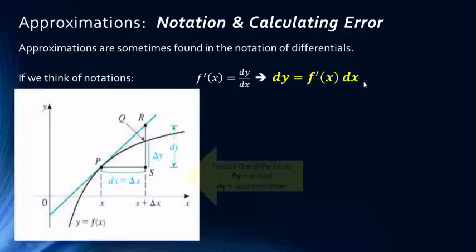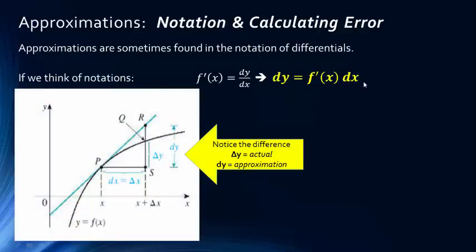Okay? Now if you look at this graph, the dx is the difference between x's over some interval. The dy is the difference over that interval all the way to our linear approximation. Okay, so the delta y is the actual change, and the dy is our approximation.